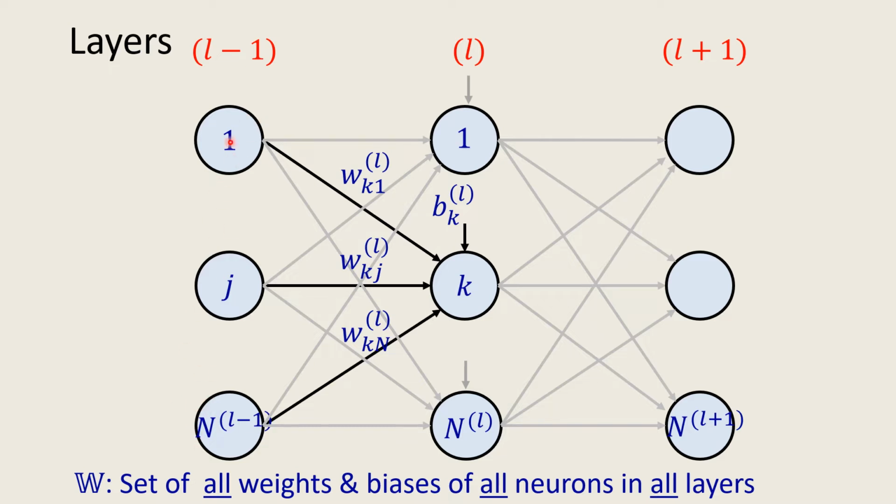So in this layer L-1, the total number of neurons is N superscript L-1. Here in layer L, it's N superscript L, and so on. And these are the weights associated with a neuron K of layer L. And this is called the bias, which can be treated as a kind of a weight.